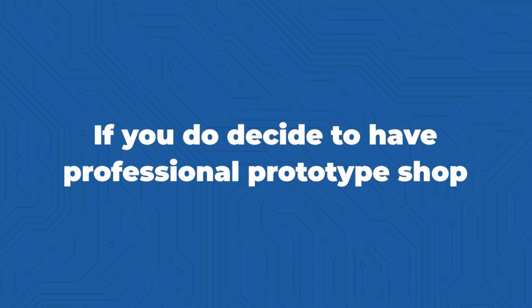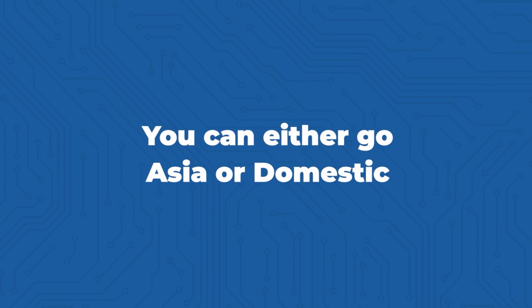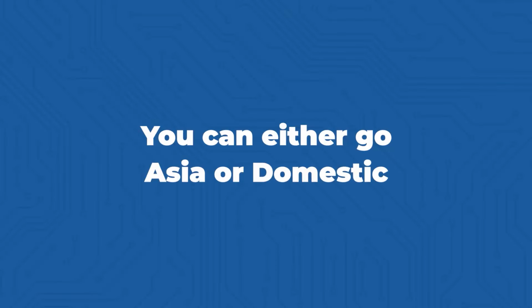If you do decide to have a professional prototype shop do it, then you could either go Asia or domestic, and each has its advantages, just like with the PCB prototypes. If you do it domestic, you'll have it shipped to you much quicker, and that allows you to iterate much quicker.